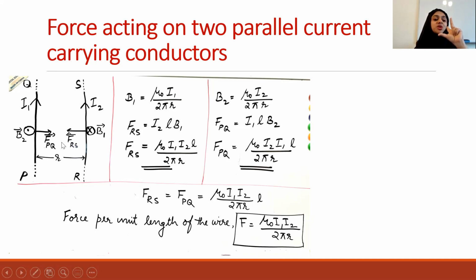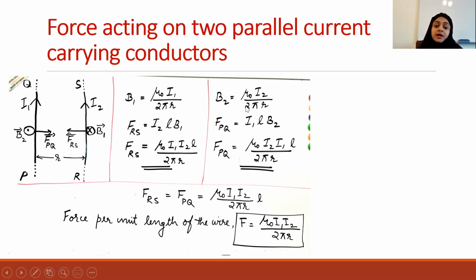So force on PQ is now directed towards the wire RS. So from Fleming's left hand rule, we have the force acting on PQ due to the current flowing through RS in this direction.